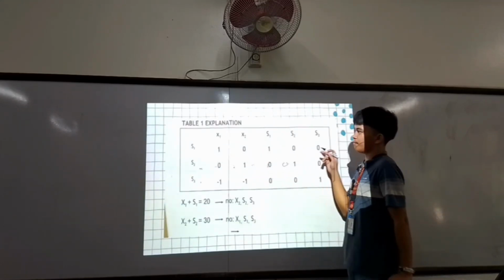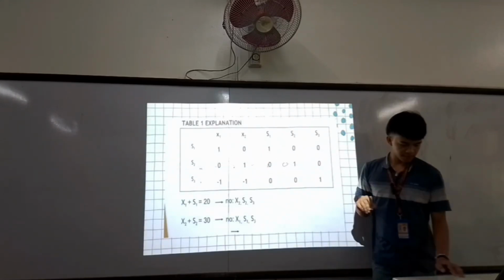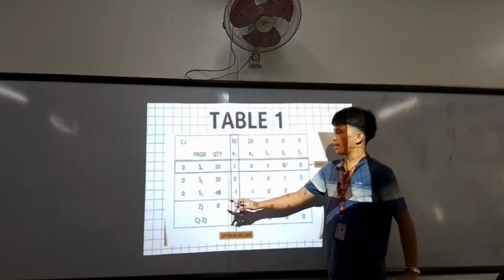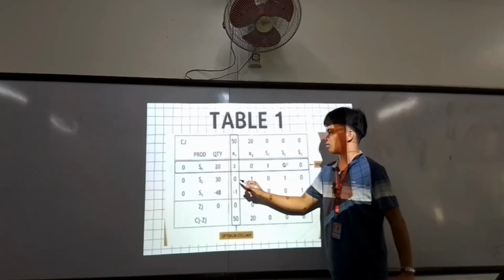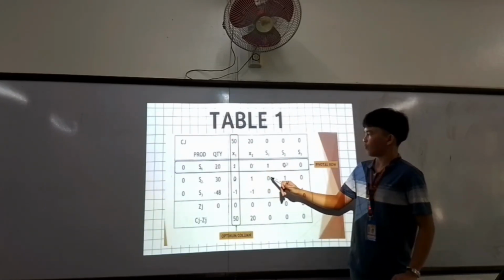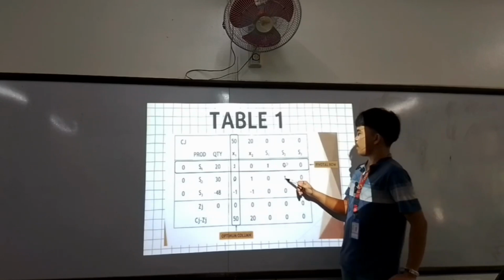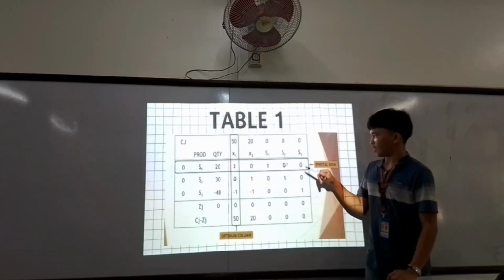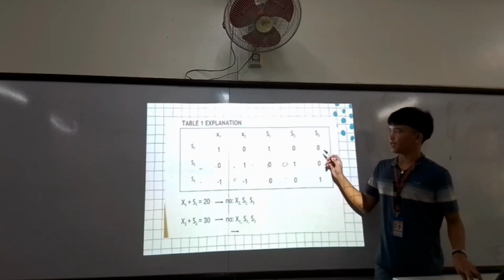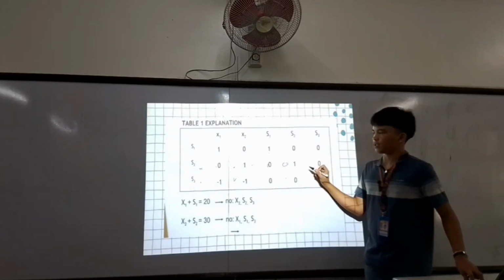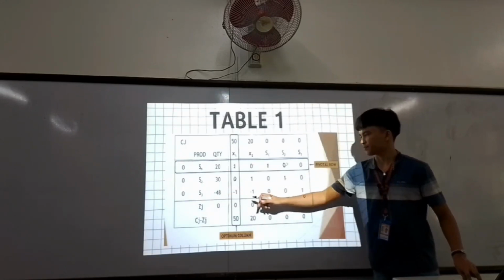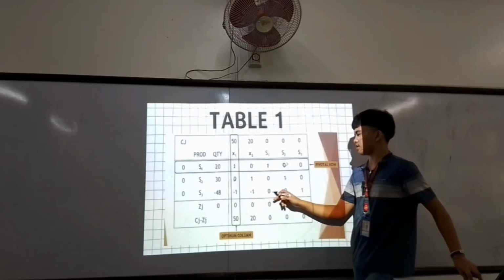We have the same table. For the S sub 2 column, we have X sub 1, 0, and X sub 2, 1, S sub 1, 0, and S sub 2, 1, and S sub 3, 0. We have the same for table 1 explanation and also for S sub 3. We have negative 1, 0, 0, 1.